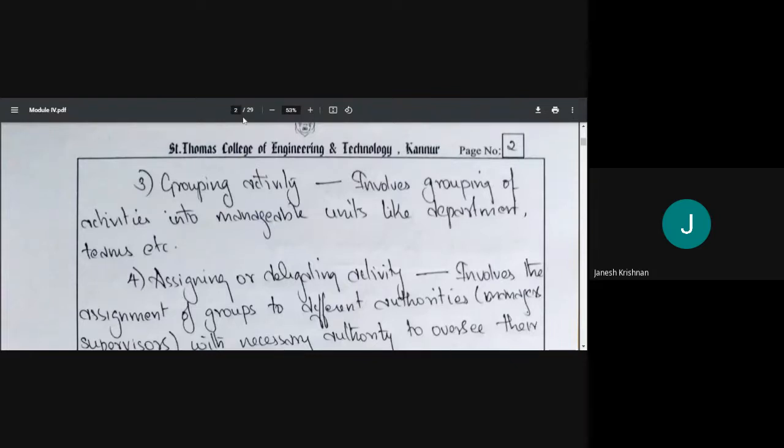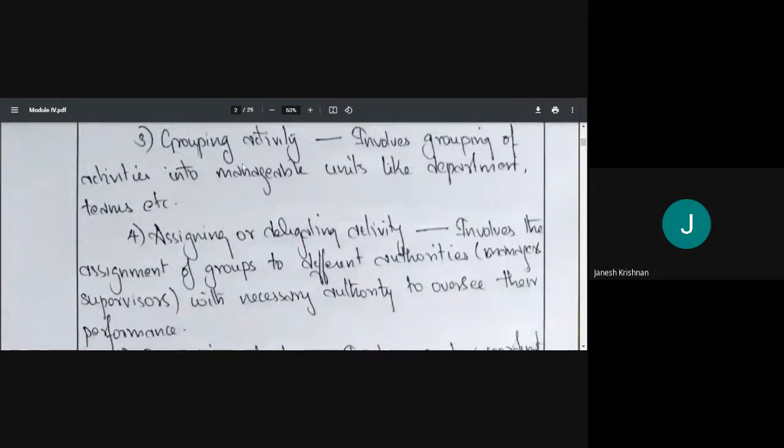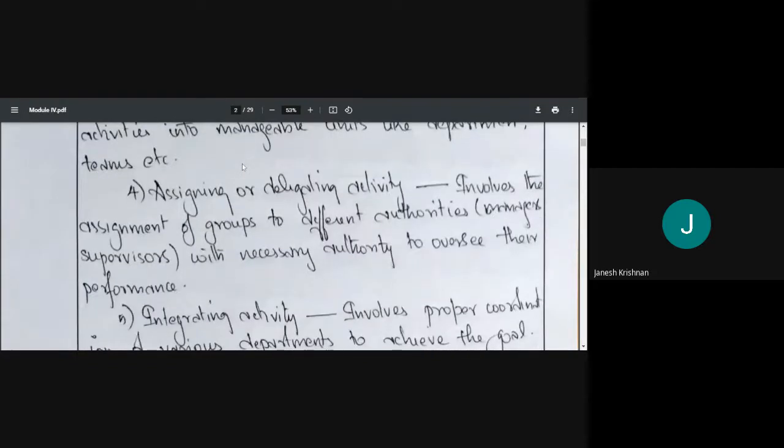Then assigning or delegating activity. It involves the assignment of groups to different authorities with necessary authority to oversee the performance. So if we are forming an on-stage department, we'll have a head over there. It might be one of you. He will be given the authority, so that he will say something and the rest of them will listen.